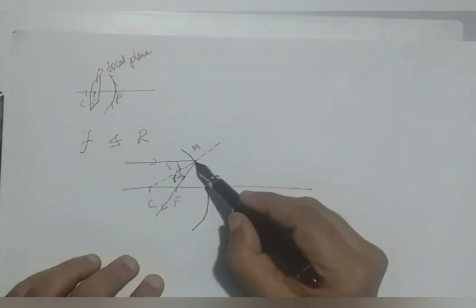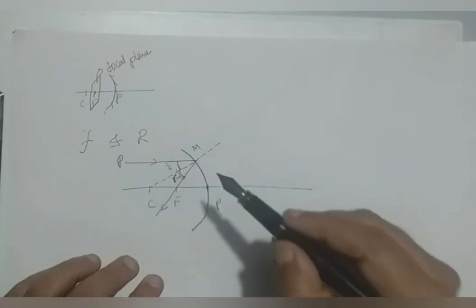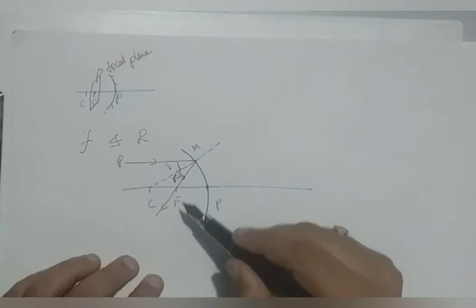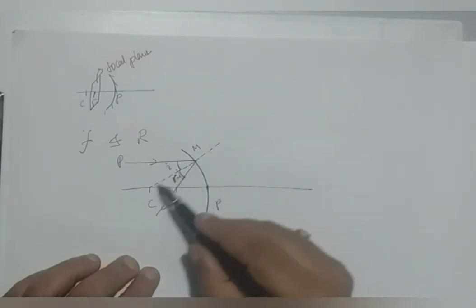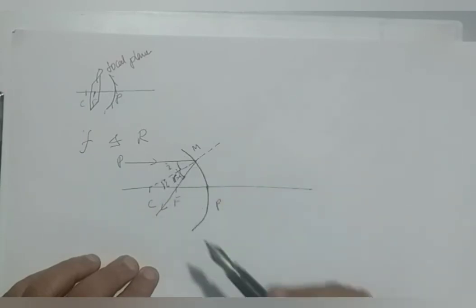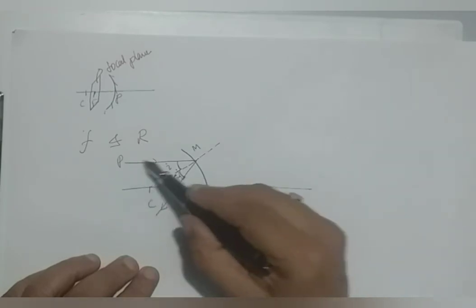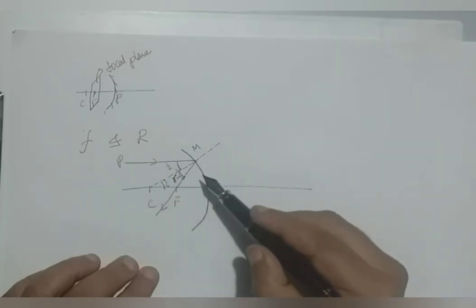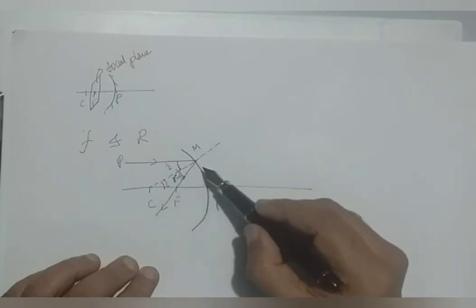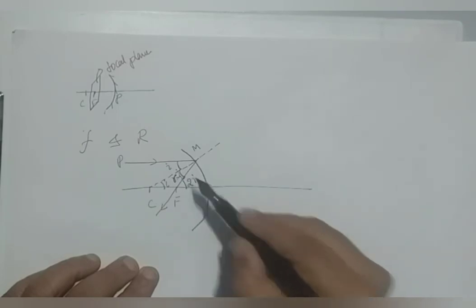If I call this P, PM is the incident ray, PMC is the angle of incidence, and therefore MCP is also i, because they are alternate angles. In the same manner, MFP and PMF are the same. Here observe PMF, i plus i, 2i. Therefore, MFP is also 2i, alternate angles.